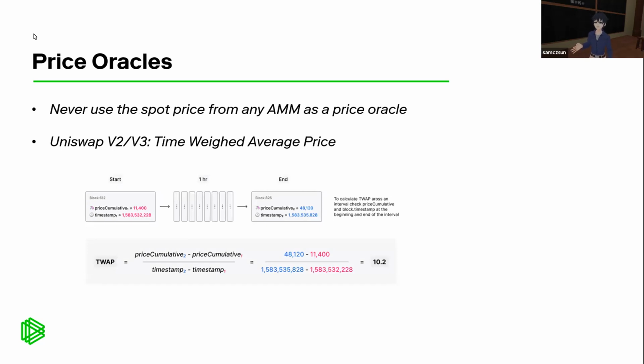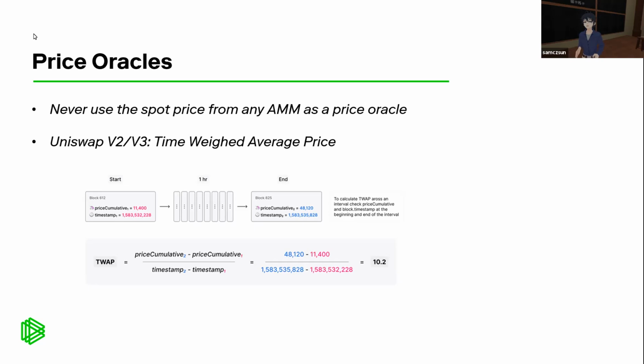And so the lesson that we learned from that, and we're still learning to this day, is that you should never use the spot price of really any AMM as a price oracle, because by definition, the spot price is easily manipulated. Instead, if you're using something on Uniswap V2 or V3, you might want to use something like the TWAP price instead. As the name suggests, it's the average price over a period of time.